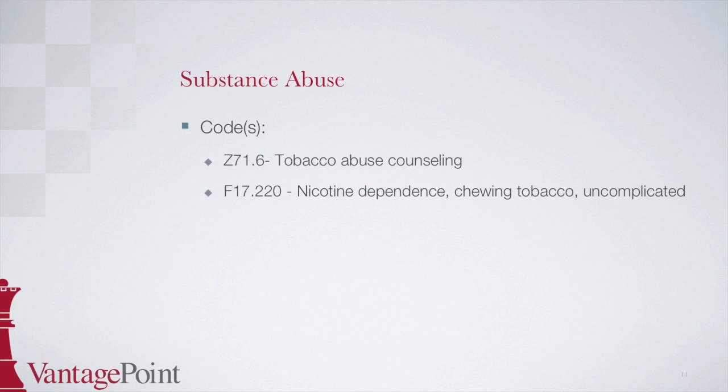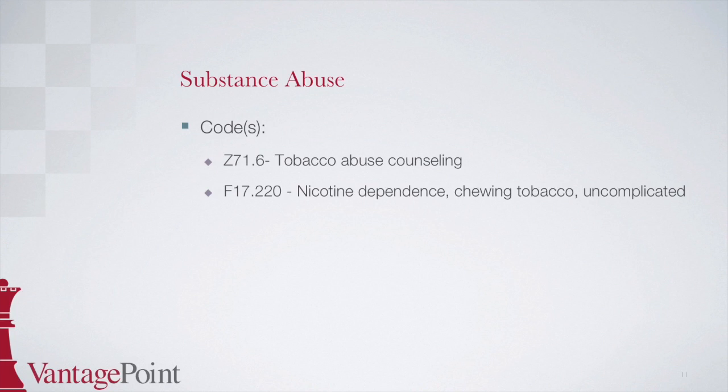However, I want to walk you through from the beginning as to how to get to F17.220, which is nicotine dependence, chewing tobacco, uncomplicated, for our second code. In the alphabetic index, start with the term dependence. Indented below is the term tobacco, which states next to it, see dependence, drug, nicotine.